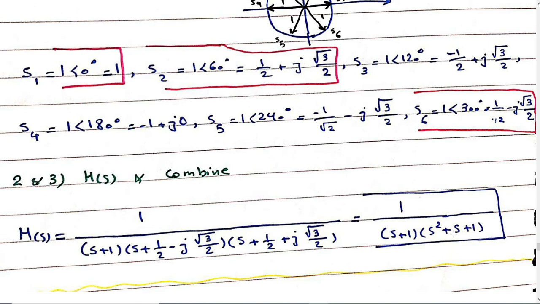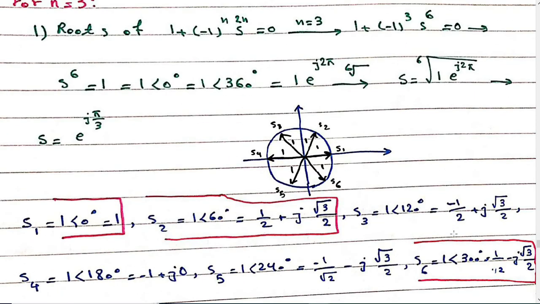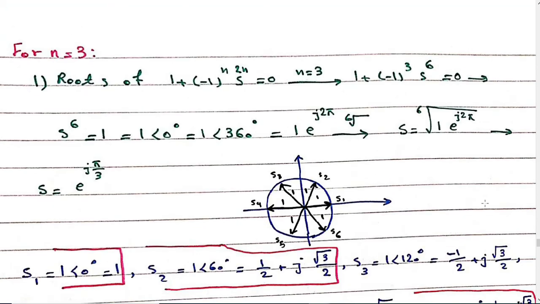Okay, so is that clear now? So what is the first step? You have this polynomial, you have the value for n, you find s from here, and see over here, because we have 6, so divide 360 degrees by 6.